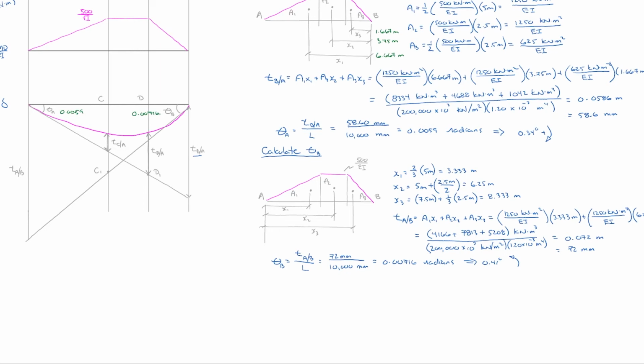And the second part is to get the distance of displacement or the deflection at C and at D. So we're just going to calculate our tangent distance at D, and we're going to do it all relative to A in every case in this instance.